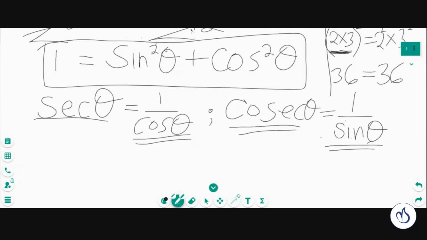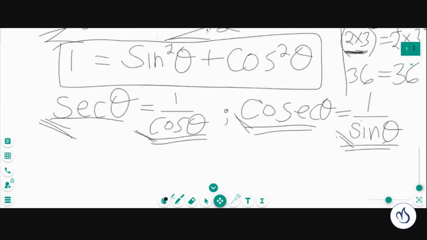How will you not do that? I want to see the C and the S. Each one takes 1 C and 1 S. If I'm dealing with sec of theta, it's 1 out of cos. I cannot have 2 S together. Sec theta is 1 out of the cosine, and cosec theta is 1 out of the sine. Okay, we are done with that.